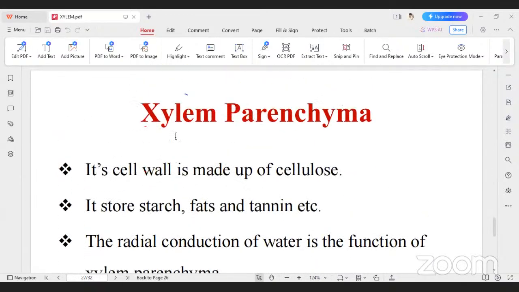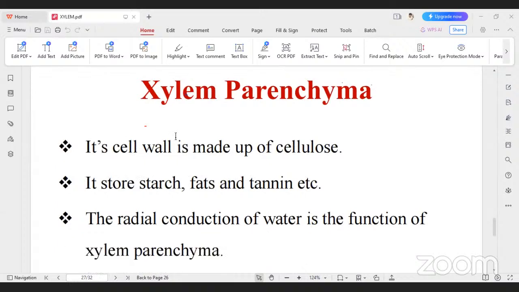Now, xylem parenchyma, another element. Structurally, the cell wall is made up of cellulose. What about vessels and tracheids? What type of chemical is present in the cell wall layer? Lignin. Right.